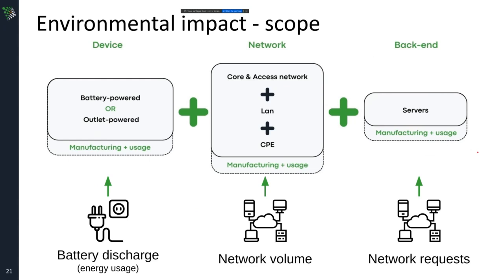However, our model is not as strong as what can be done, for instance, in the project of Boavizta. And we know that we are stronger on the device part, and we are okay on the network part, but the backend part still needs some improvements.